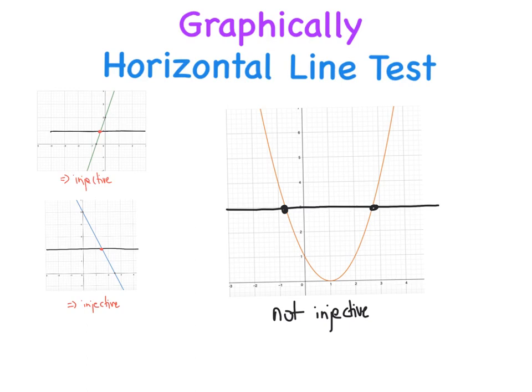We can also use the horizontal line test for surjectivity. So I know for something to be injective, it can only touch the graph, the function, at 1 point. Whereas for something to be surjective, it has to touch it at least 1 point. But we know that every element in the codomain of the outputs has to be used.